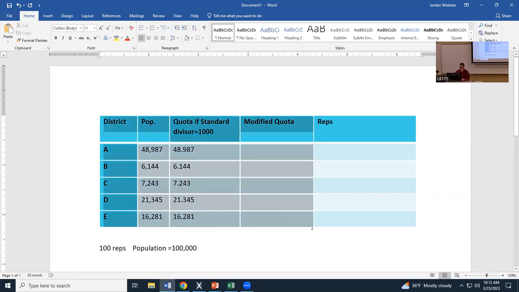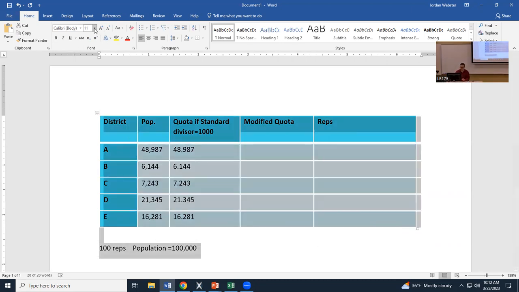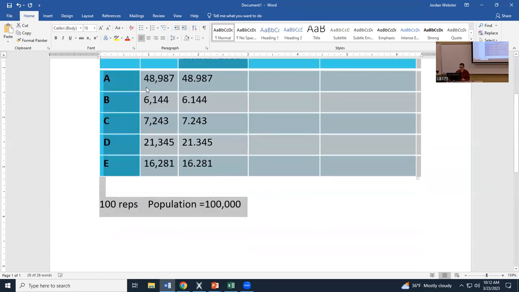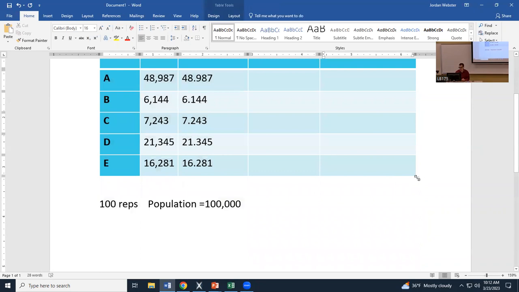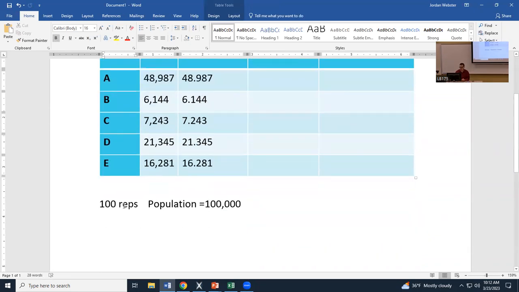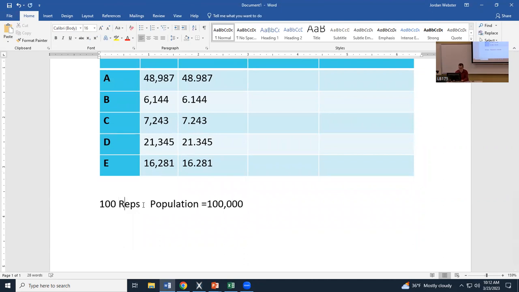I think I want to make everything a little bit bigger. So 100 representatives, population 100,000.